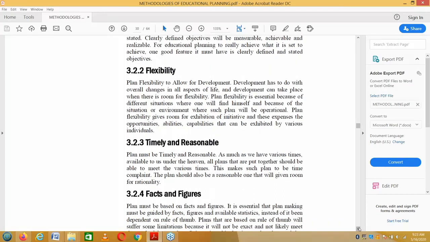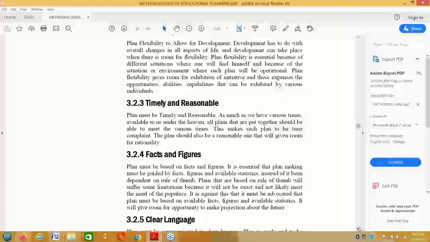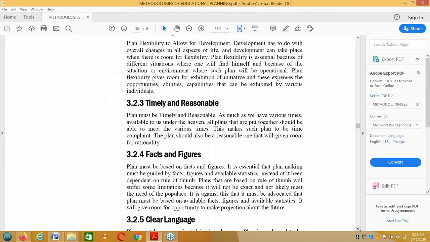Educational plan must have facts and figures. It must be measurable. It is essential that plan making be guided by facts, figures, and available statistics instead of depending on rule of thumb. Plans based on rule of thumb will suffer limitations because they will not be exact and are not likely to meet the needs of the populace.